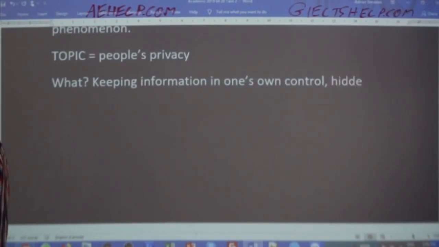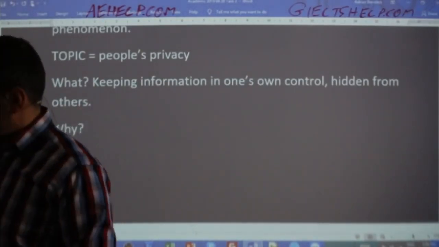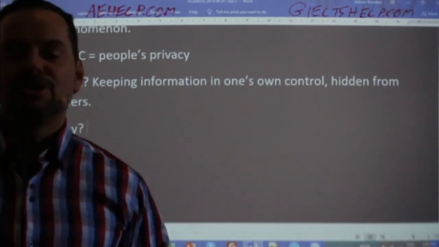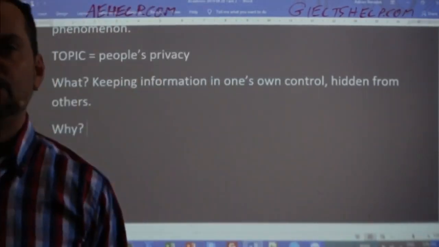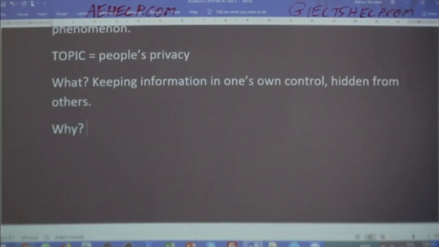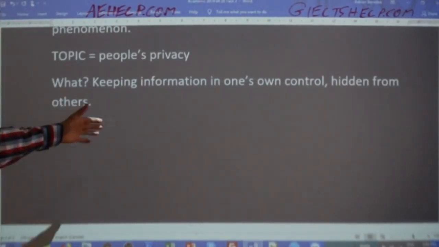Hidden from others. Okay, I think most of you can come up with that clever answer. The following question, which is very important to ask for a good essay here, is why? Why do people like to keep information private?